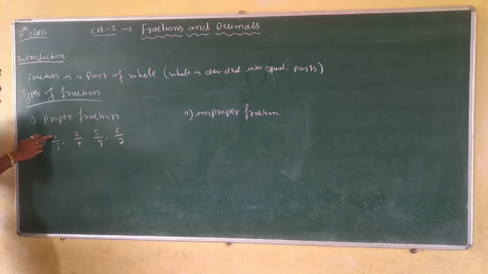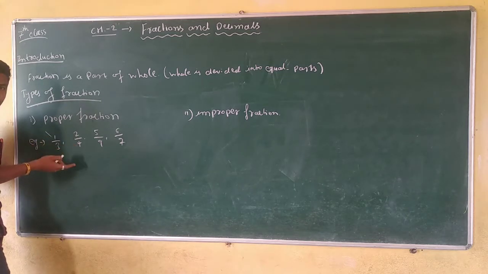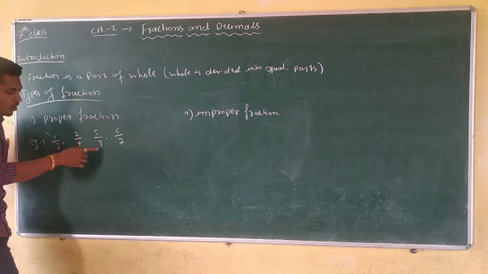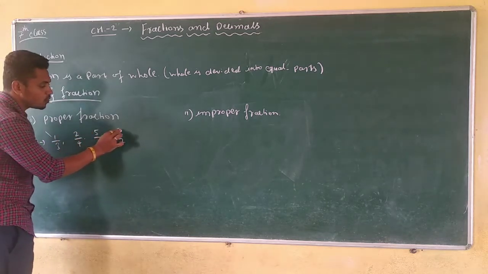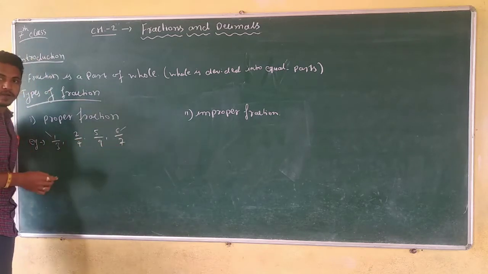Compared to the denominator, the numerator is smaller. Here also the numerator is smaller than the denominator. Here also numerator 5 is smaller than denominator 9.